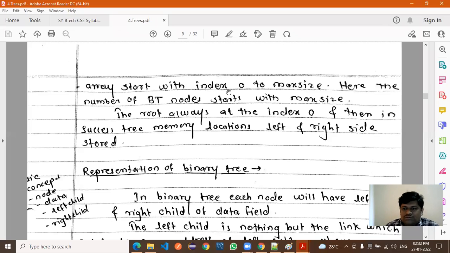Why are so many other students absent? What is the total strength? 138. So 39 students were absent. Okay, if you have any questions, you can ask.